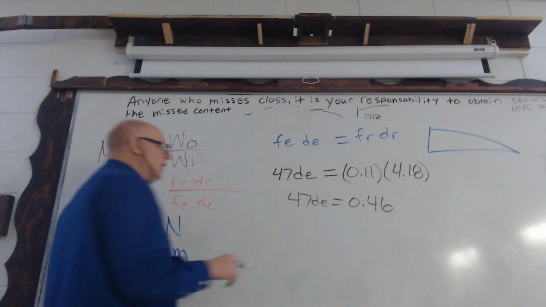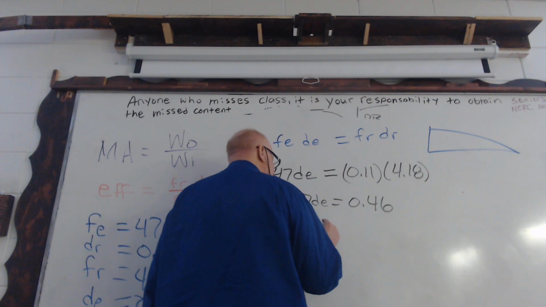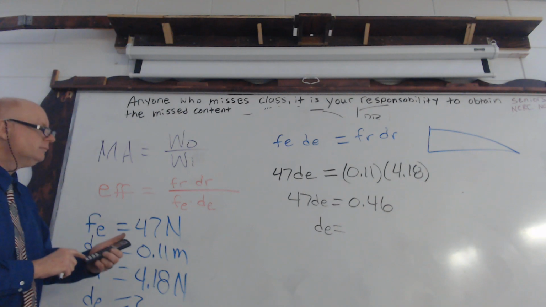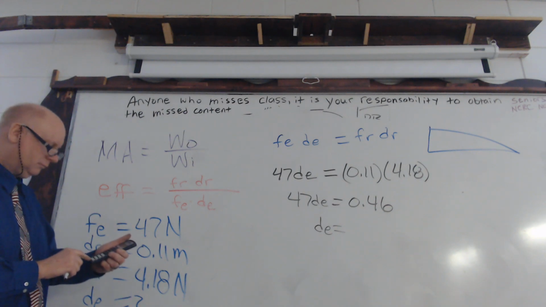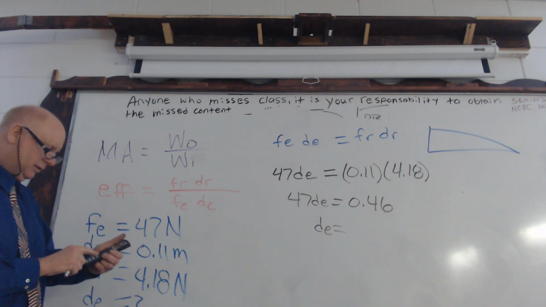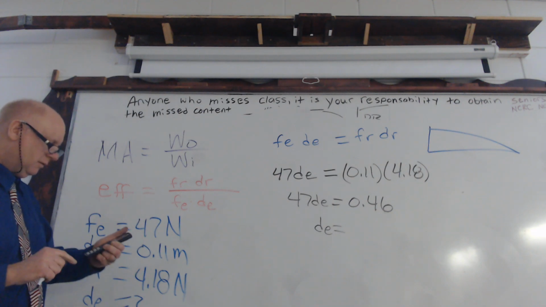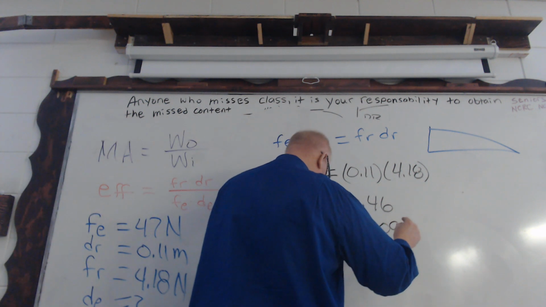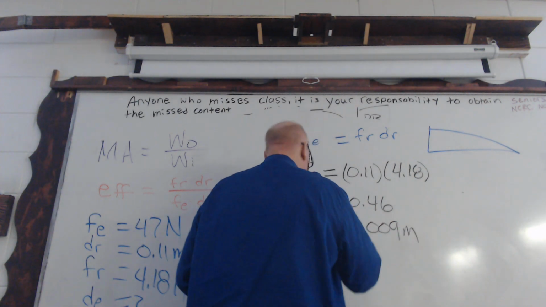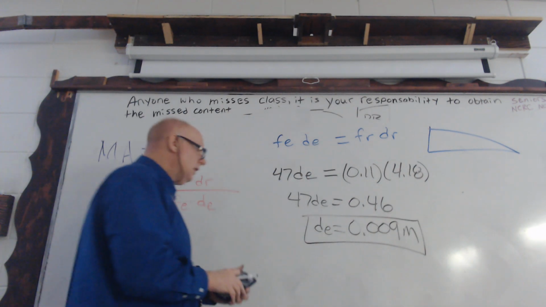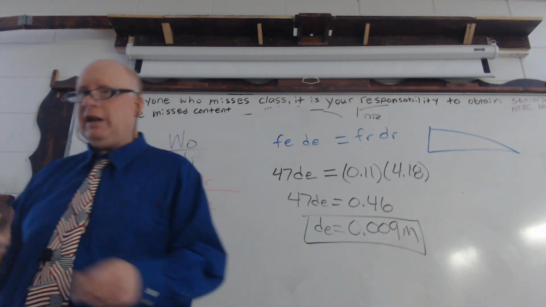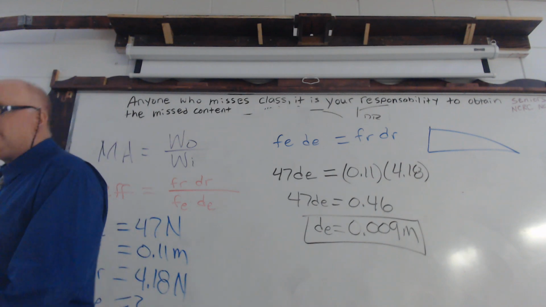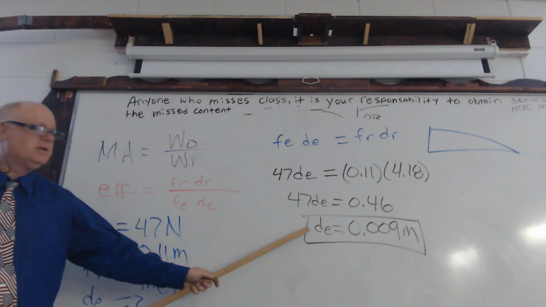We're going to divide each side, which means distance equals 0.46 divided by 47, which is 0.009 meters. Now you're just going where those numbers are leading you. That's probably not very far, but that's what the problem has said. So that's where those numbers have led you.